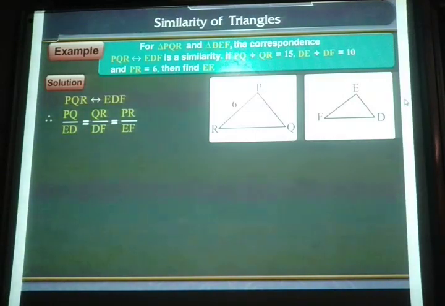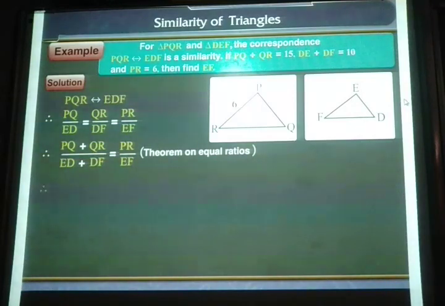By the theorem of equal ratios, (PQ plus QR) upon (ED plus DF) is equal to PR upon EF. Therefore, 15 upon 10 is equal to 6 upon EF, since ED is equal to DE.